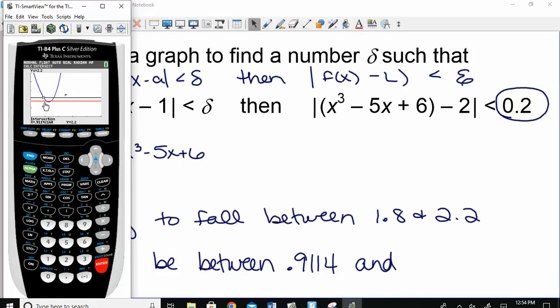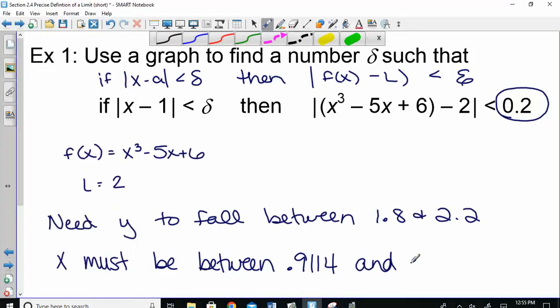We want to find that other value. You go to second, trace, intersect. First curve is the blue one here. Second curve I want to be my red line. Guess just close to the point, and that is 1.124. So what that said is if I pick any value between these two numbers and plug it in for x, you should get a y value that's somewhere between 1.8 and 2.2.